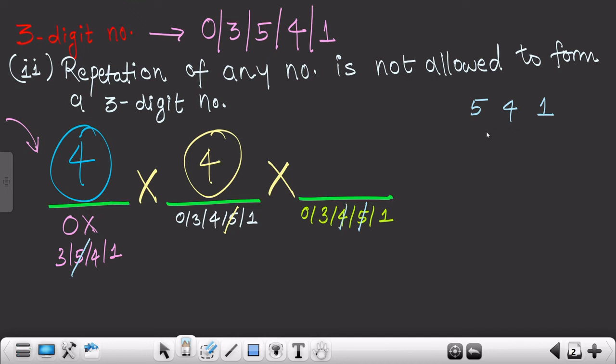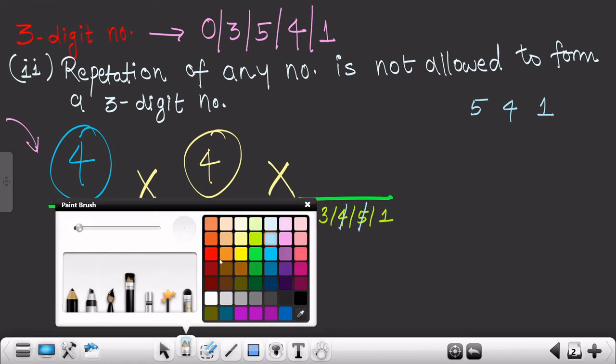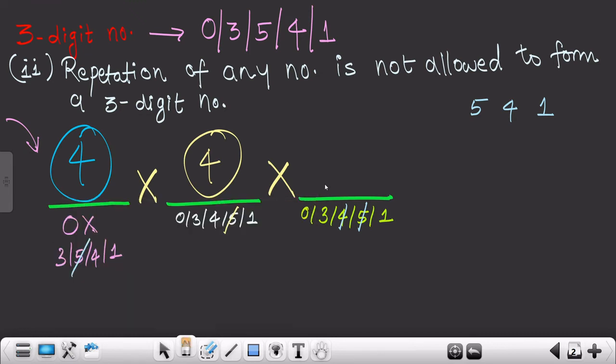Let's suppose the number is 541. So we have in all 3 different cases in which the units place can be filled. Either we put 0 over here, or 3, or 1. I hope you are getting my point.